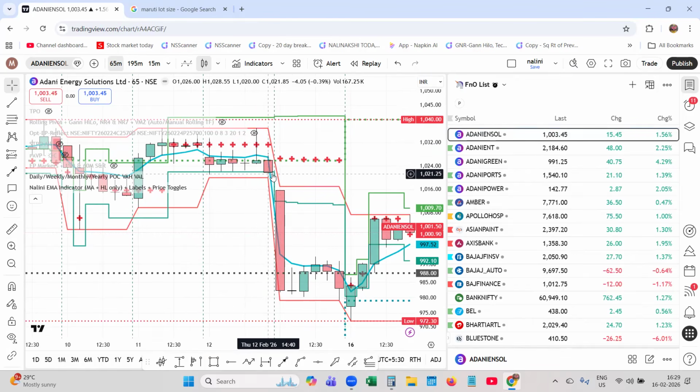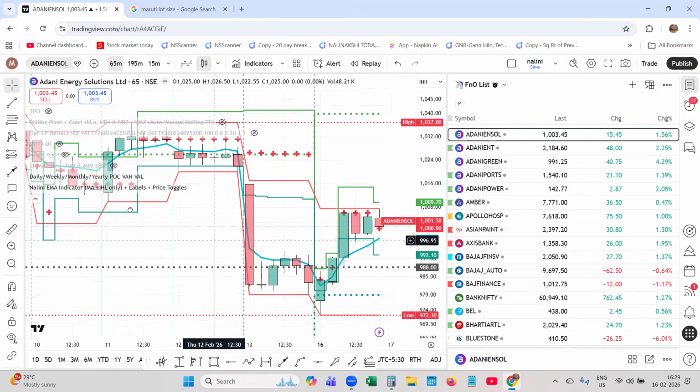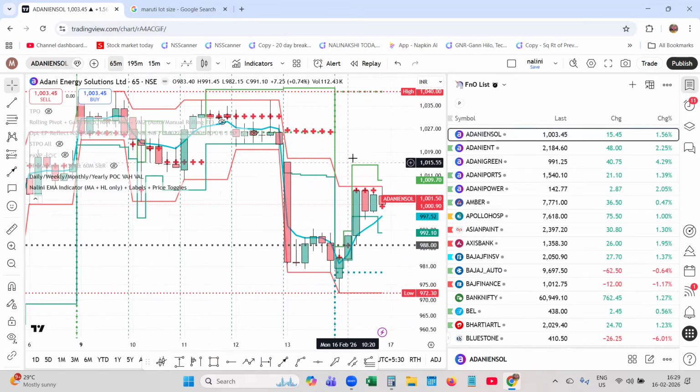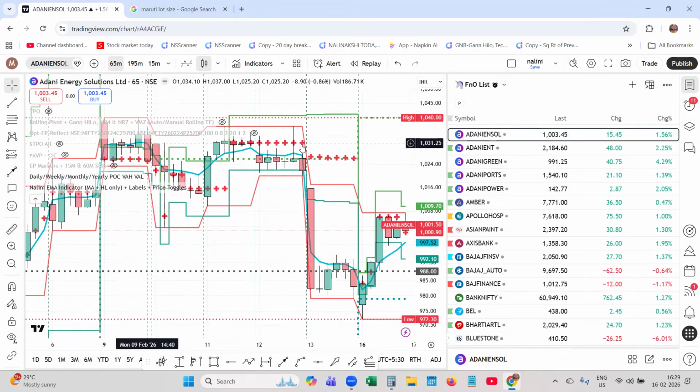Price falling below the POC itself is an indication you could have kept it in your watch list. Now, today what has happened is a pullback rally to the same level.